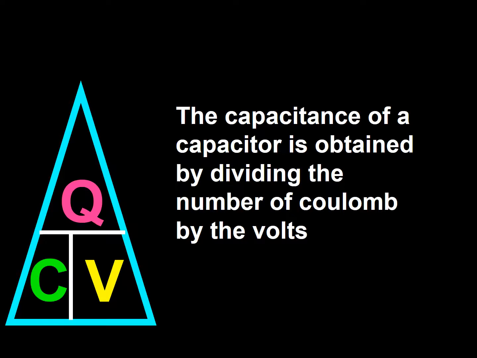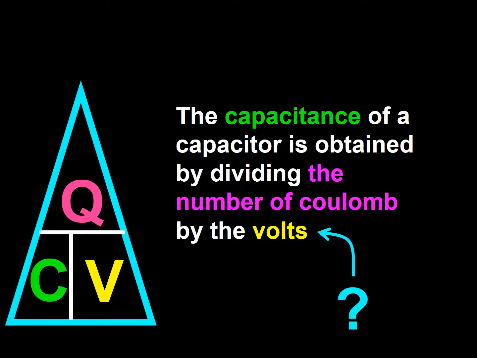This formula can be read as follows. Capacitance measured in farads is equal to the charge in the capacitor measured in coulombs divided by the volts in the capacitor.